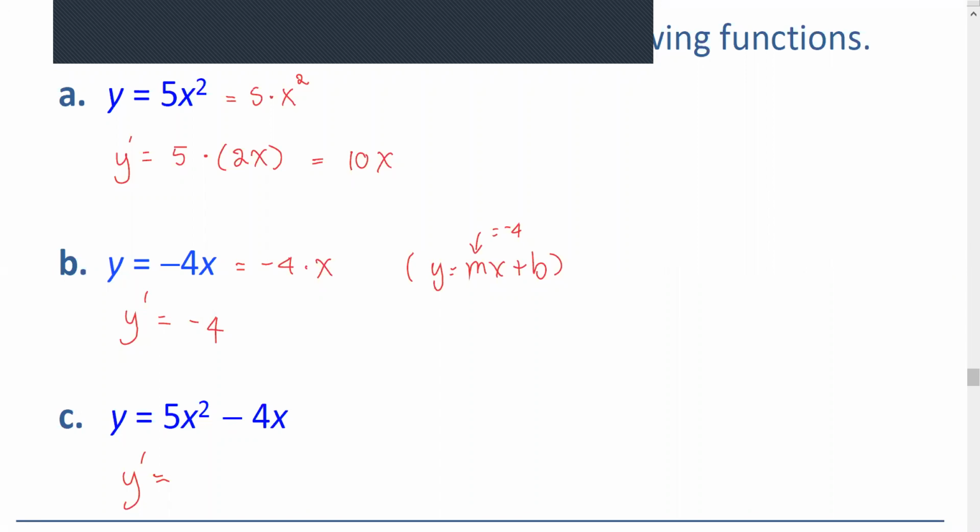In part A, the derivative of 5x to the second gives us 10x, and the derivative of the second term, or the second part in part B, is -4. Therefore, the derivative of 5x squared minus 4x is 10x minus 4 as a sum of two derivatives.